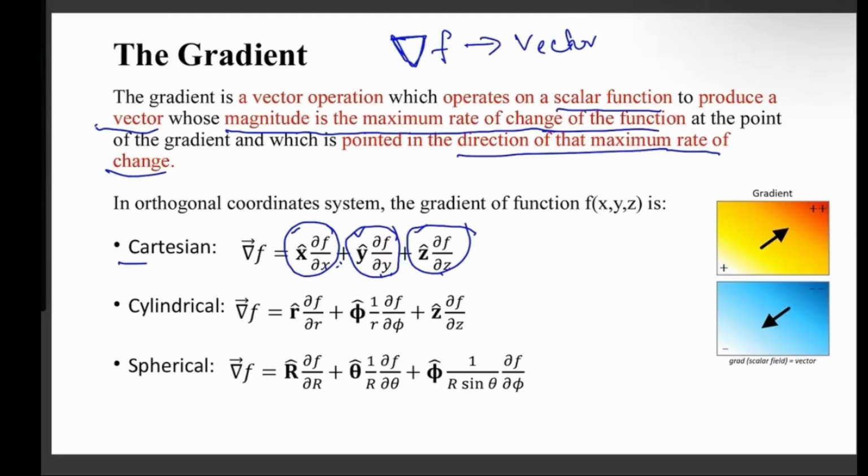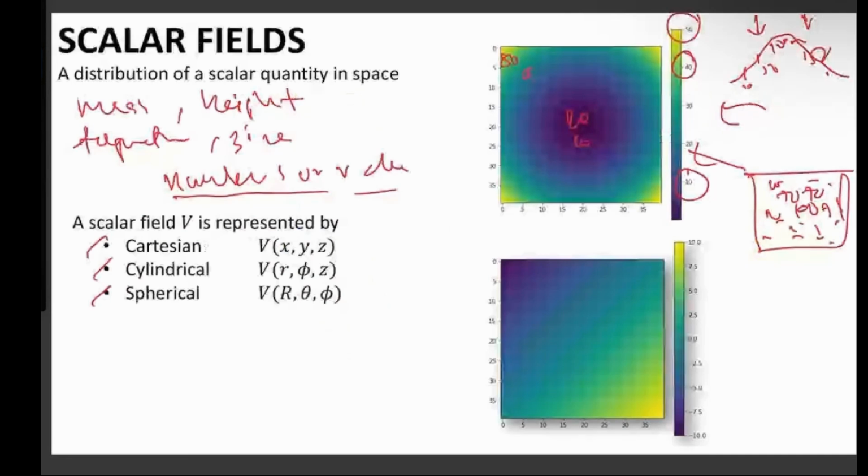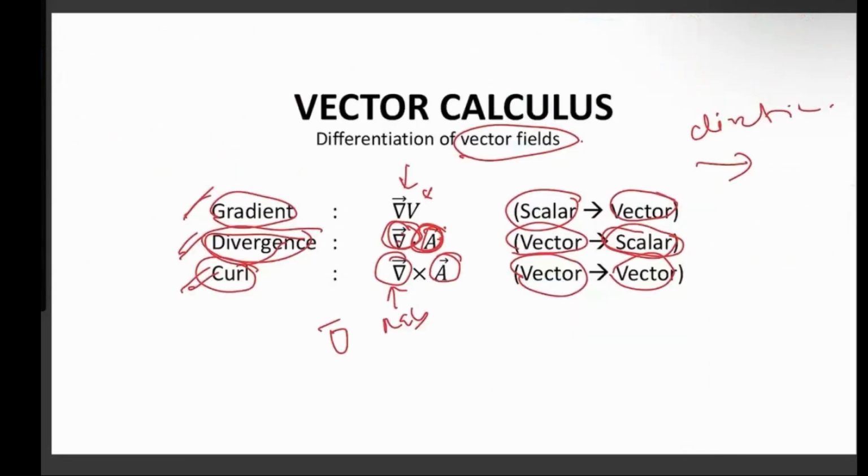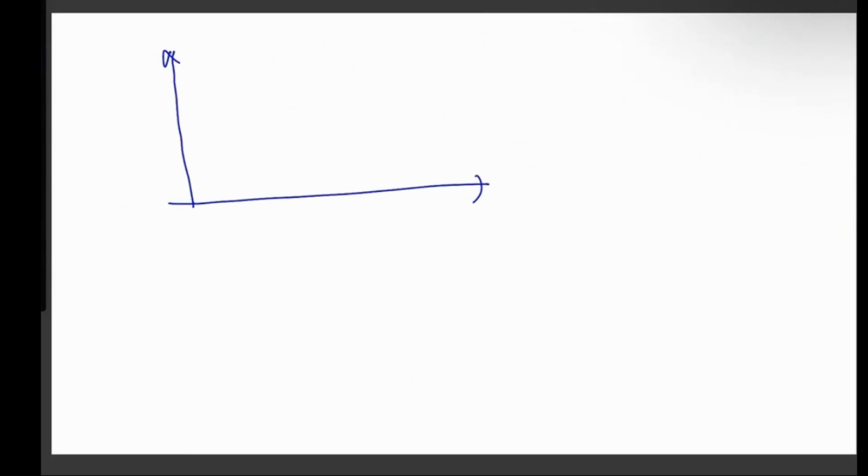For example, let's say this is our scalar, the same scalar as the previous one. For example, this scalar shows the height of a mountain.